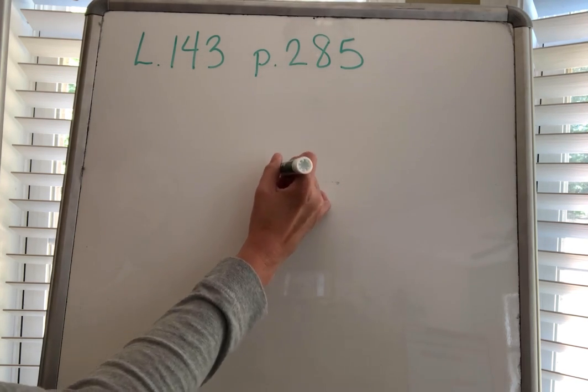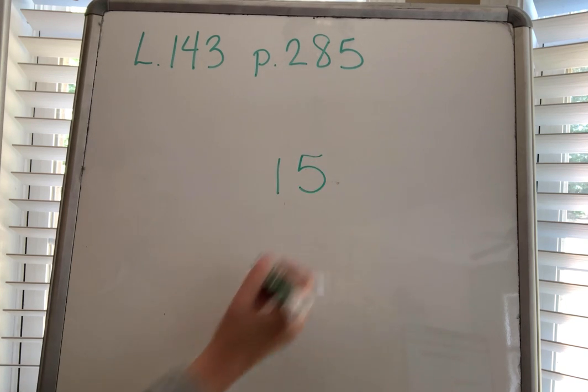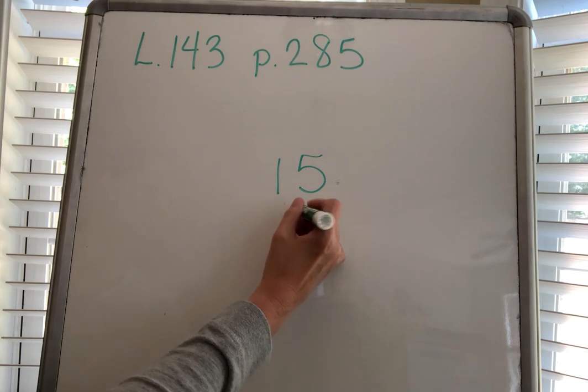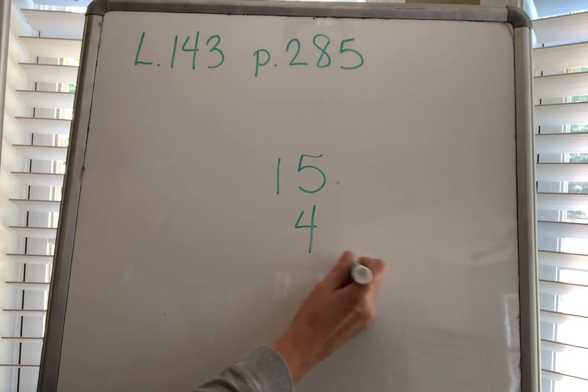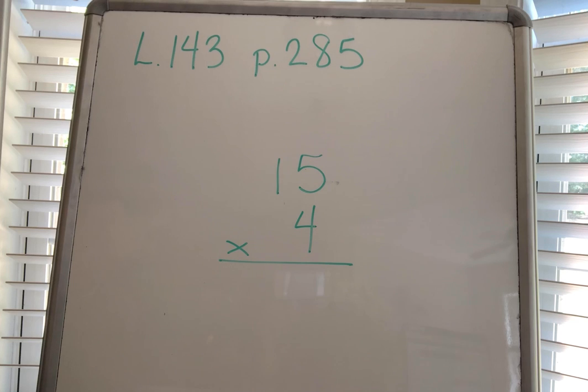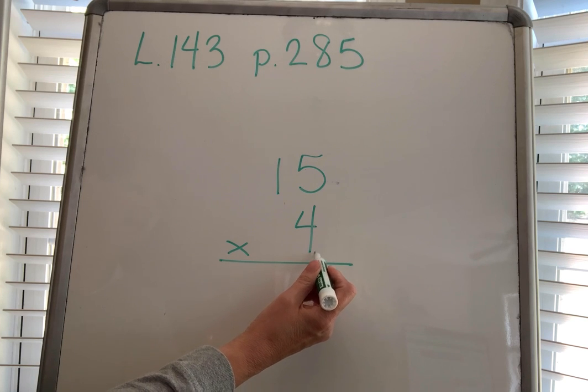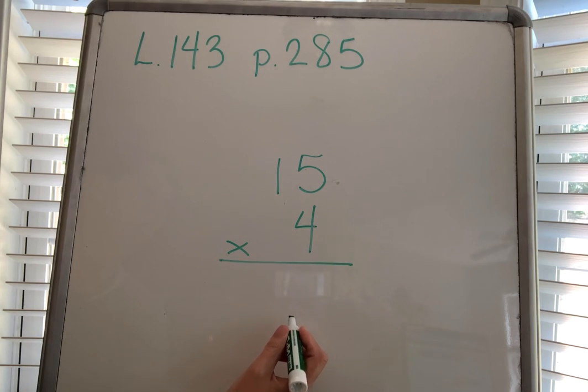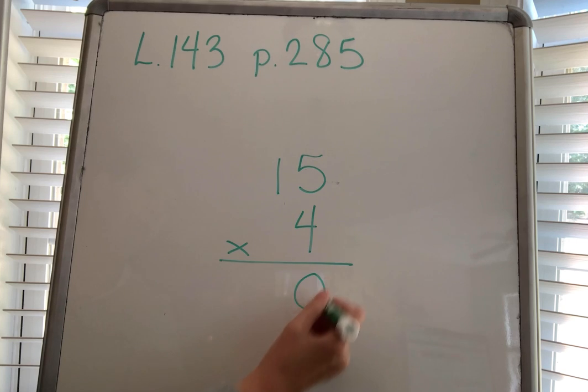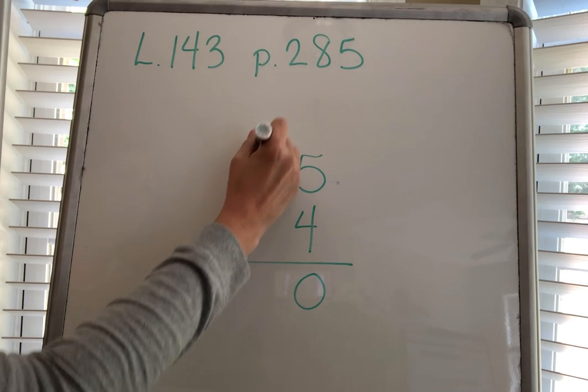So we're going to take the 15 of each kind, all right? And then we're going to multiply that times the 4 kinds of cookies that they made. And they've given you workspace there, so you can write this in that workspace. And again, same as the section above, 4 times 5 is 20. So we're going to put the 0 in the ones place and carry the 2.